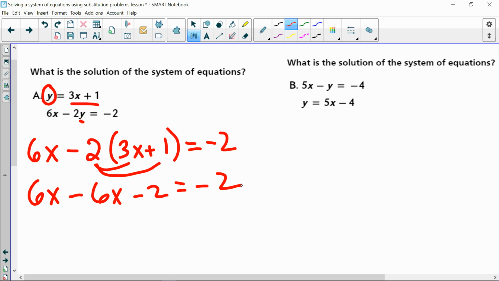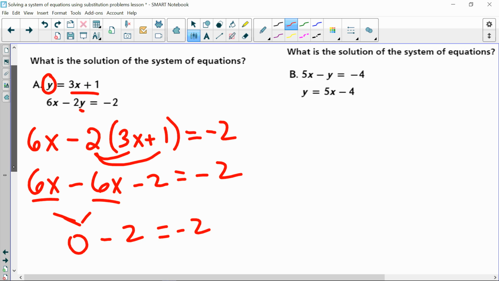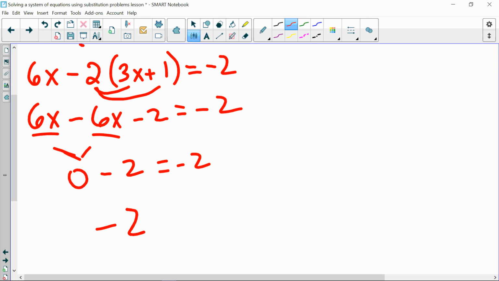It's where things just get crazy. So 6x and 6x are like terms. If I combine them, I get 0. 6x subtract 6x is 0. Well, that's weird. And then I have to subtract 2 still equals -2. So basically what I'm looking at is -2 equals -2.